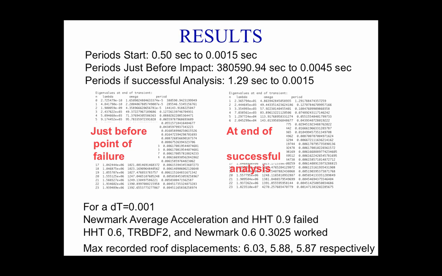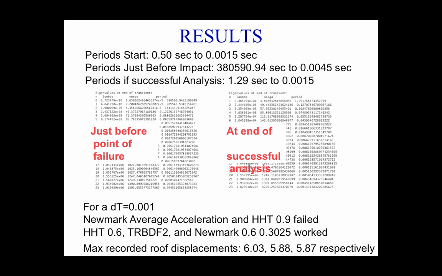For dt at 0.001, the Newmark average acceleration and HHT, they both failed. They weren't able to get this through with sort of the other solution algorithms. So what they did is let's just throw on some dissipation. Let's dissipate some of these modes, and all these, HHT with 0.6, the TRBDF2 and the Newmark, all those integration schemes worked. They didn't have to go to other tricks like trying to cut down the time step to achieve convergence.